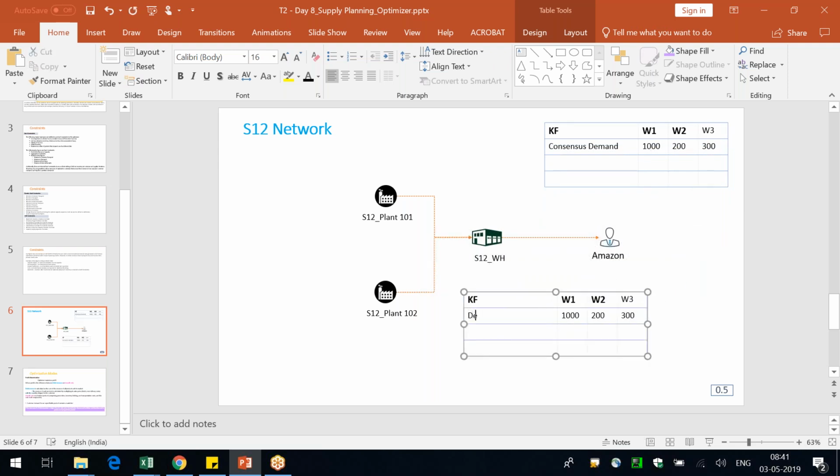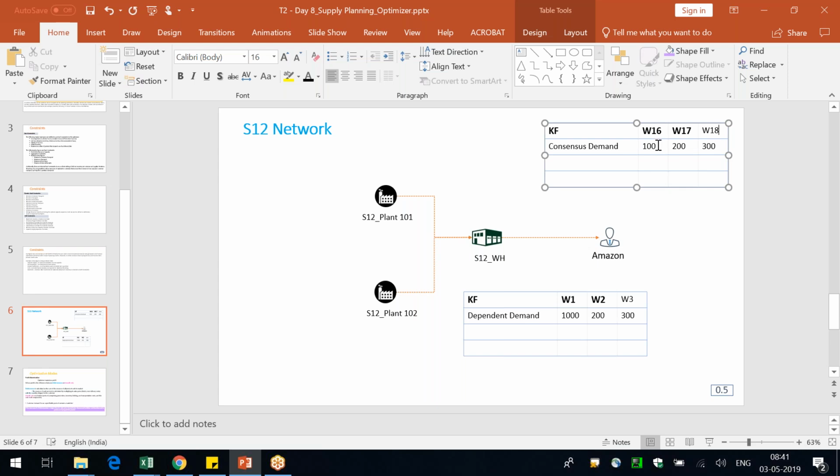So now if I say the dependent demand, that means how much of demand is coming from the customer and hitting the warehouse. Let's say current week is 16, this is week 17, week 18 of 2019.